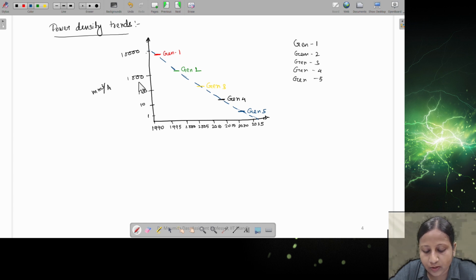Okay, so 1 ampere current is processed in 10,000 millimeters cube space, and now it is 1 ampere current in 1 millimeter cube space. So this is how the power density trend is evolving. Okay, now probably in future it will be further less, but that is only a prediction. Until and unless there is proof, we cannot comment on it, but the trend is going towards it.